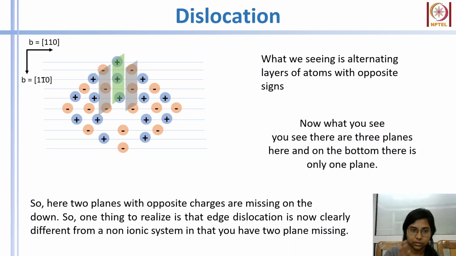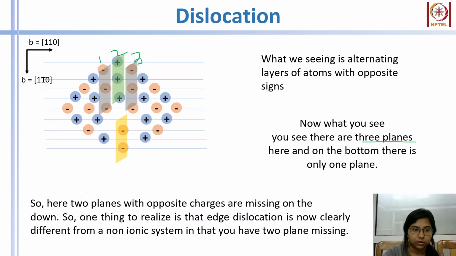However, the planes to the left and the right, what we see is that there are three planes here, 1 2 3, and on the bottom there is only one plane, right?